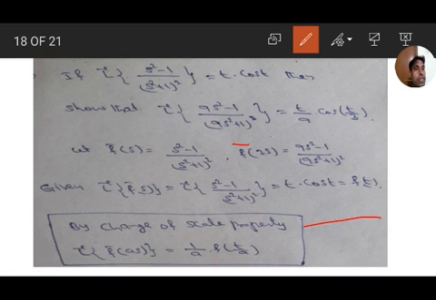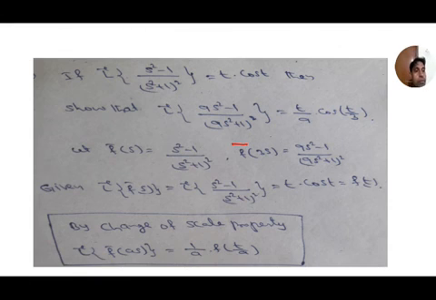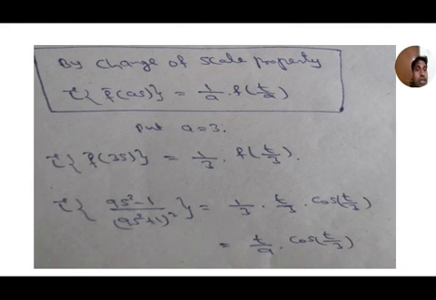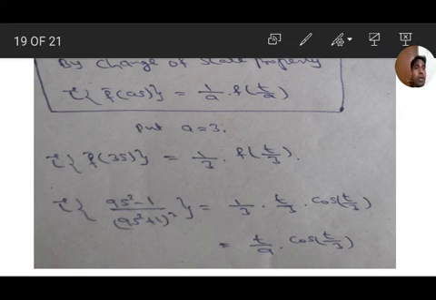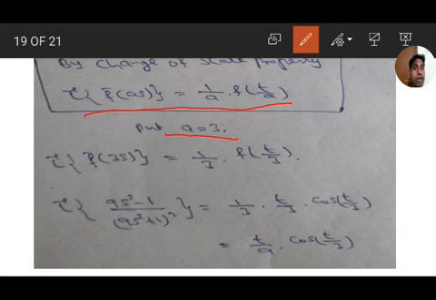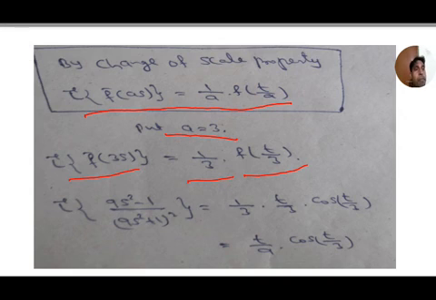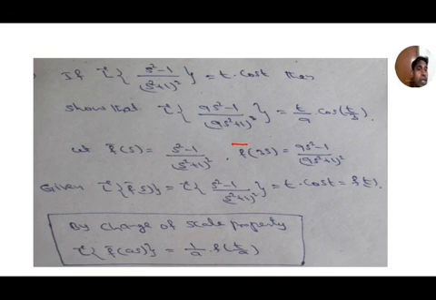Next, let us move on. By change of scale property, L inverse of f bar of as equals 1 by a into f of t by a. Put a equal to 3: L inverse of f bar of 3s is 1 by 3 into f of t by 3. F bar of 3s means (9s square minus 1) by (9s square plus 1) whole square.